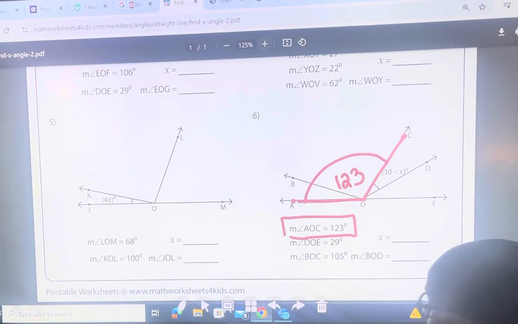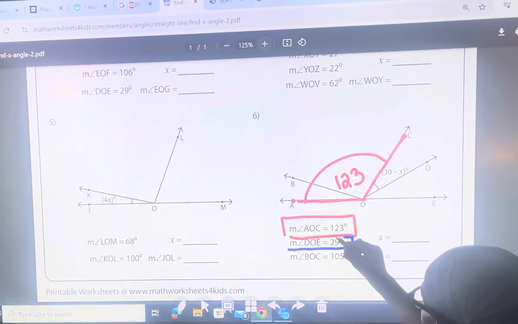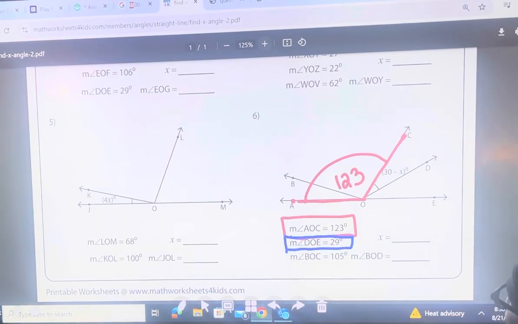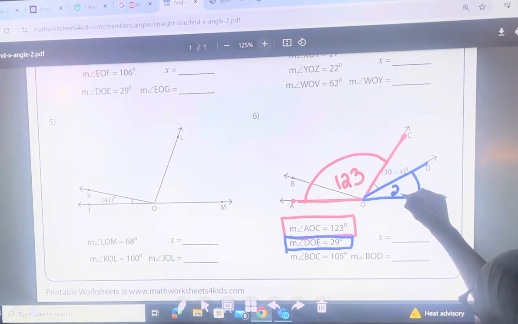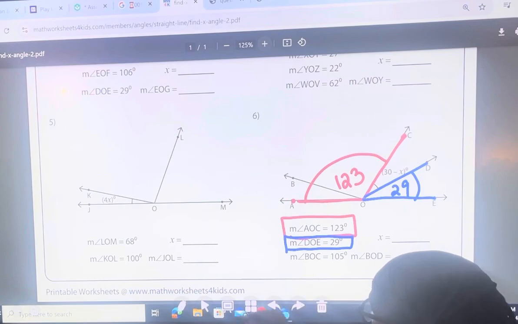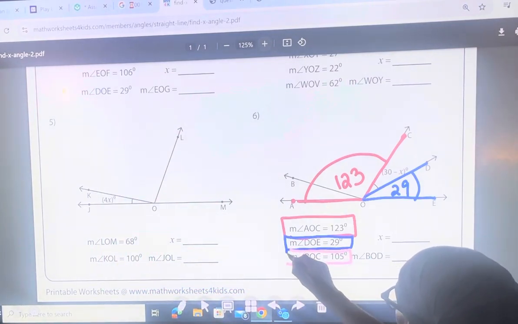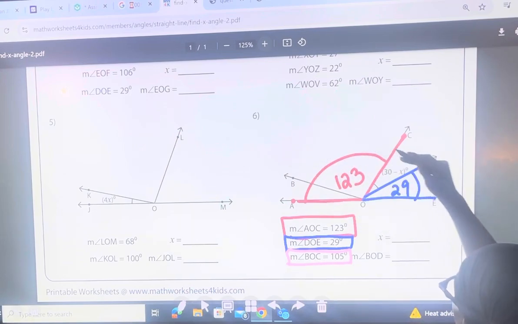AOC was 123. DOE, from DOE, we have 29. Then we have angle BOC of that 123.